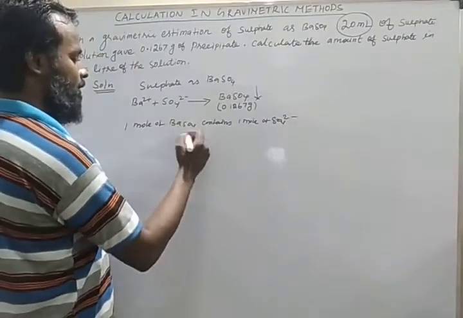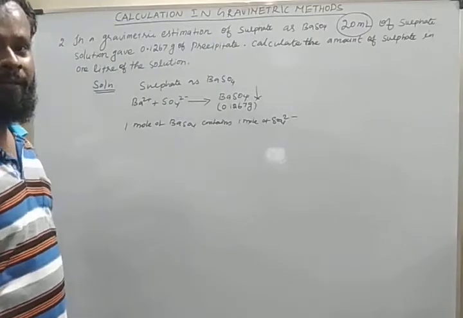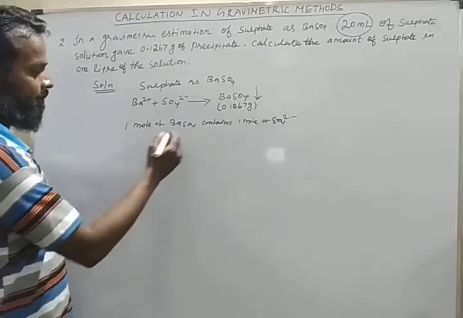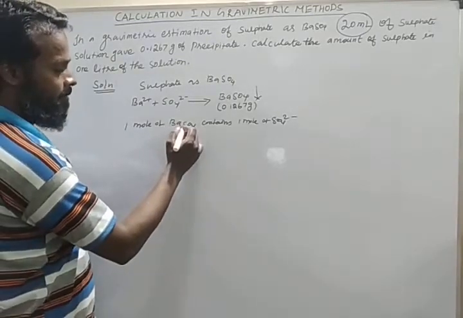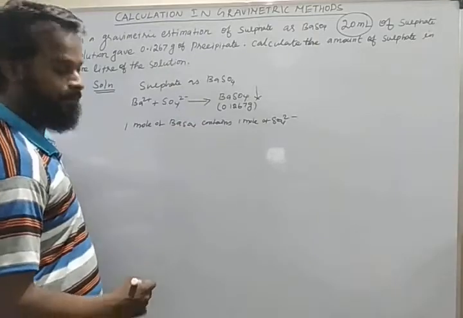Here we can take the molecular mass, which means we have 1 barium, 1 sulfur and 4 oxygen.